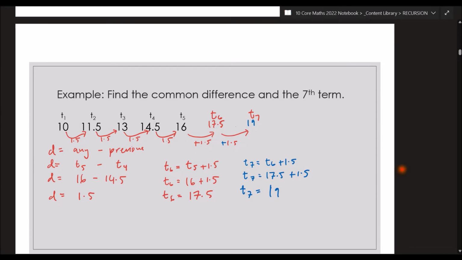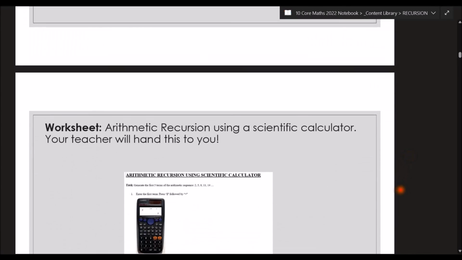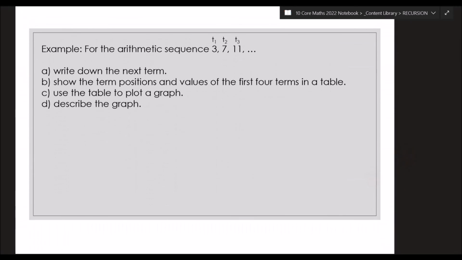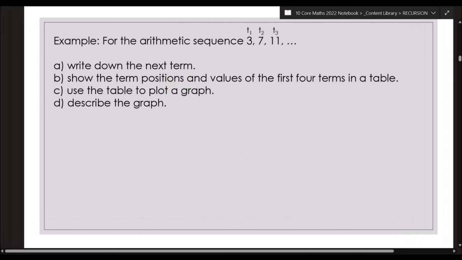All right, students, let's continue on with the notes, and then after that, you can start your exercises. Last example before we get into the exercises, as you will be doing questions in the exercises that are similar to this example. For this arithmetic sequence, 3, 7, and 11, we need to do 4 things.